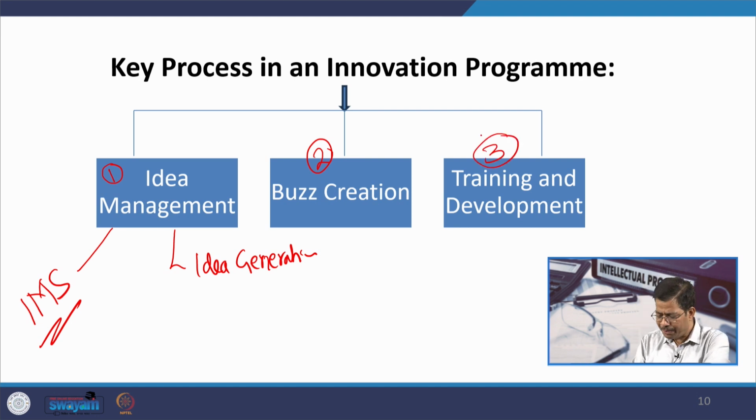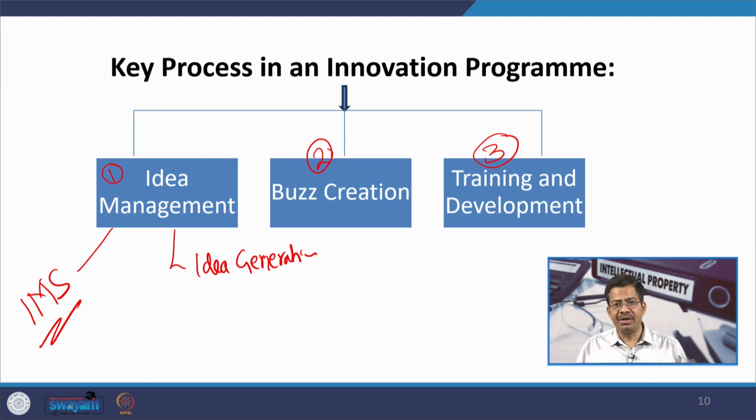It is not possible that everybody has the same level of creativity, but there are certain tools and techniques available. For example, I can teach lateral thinking, and there are well documented courses available on lateral thinking, that is one way. I want to teach design thinking, so a lot of exercises are available on design thinking.